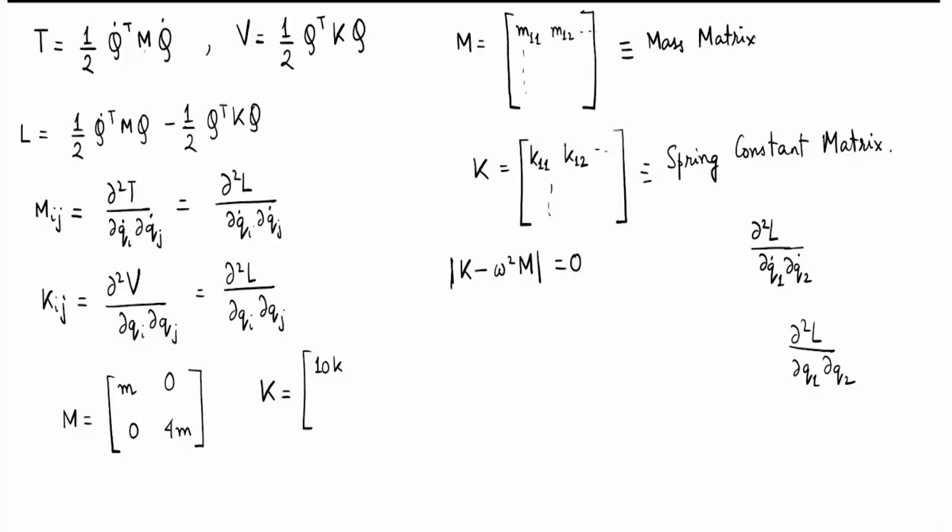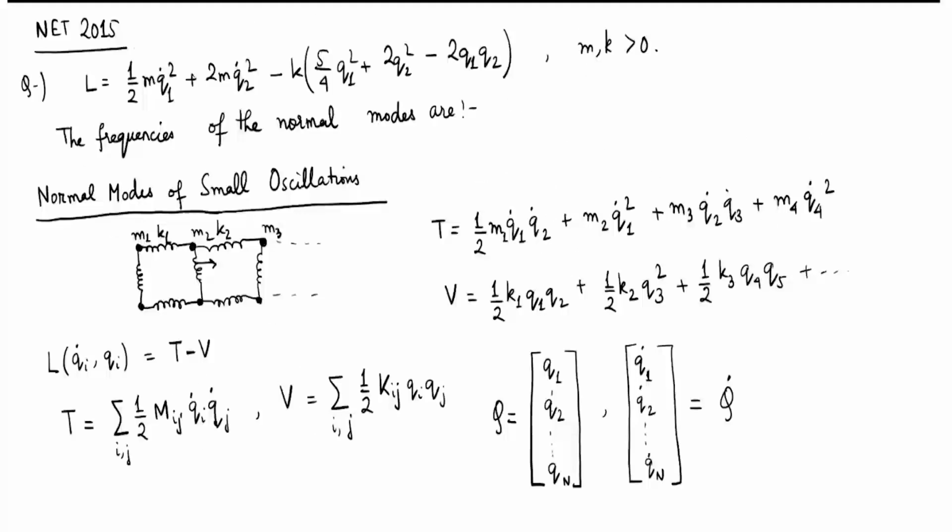So this is 10 by 4 K. This is minus 2K. The cross term is there.